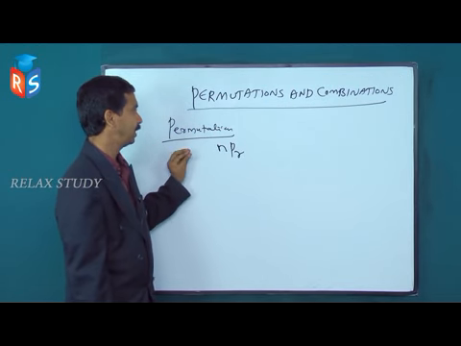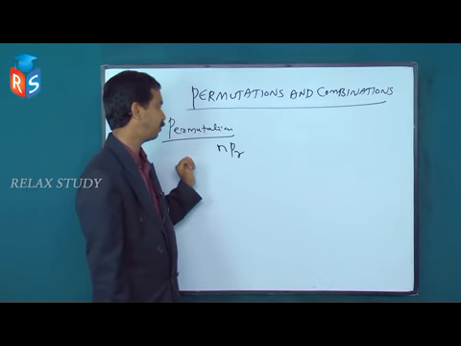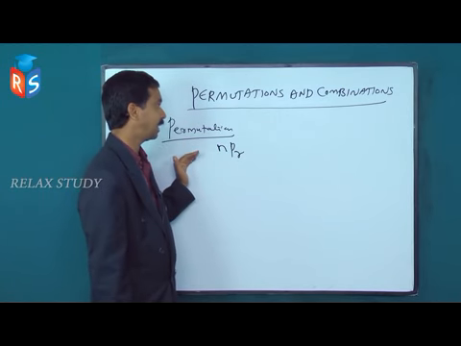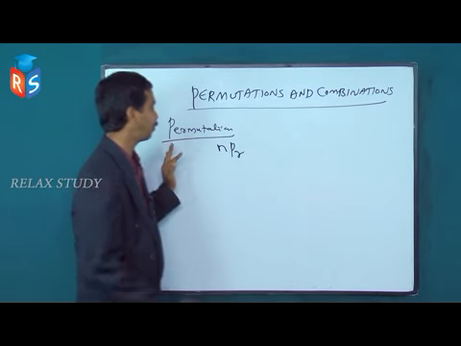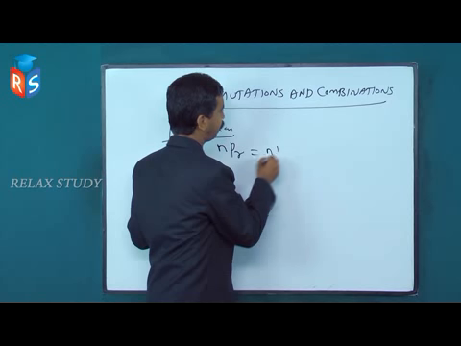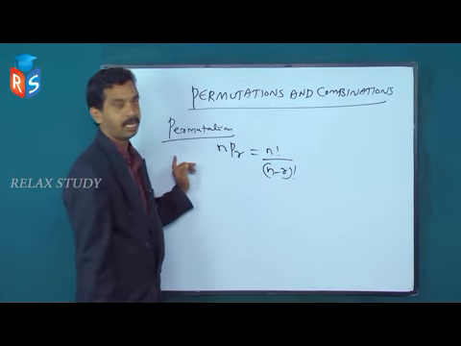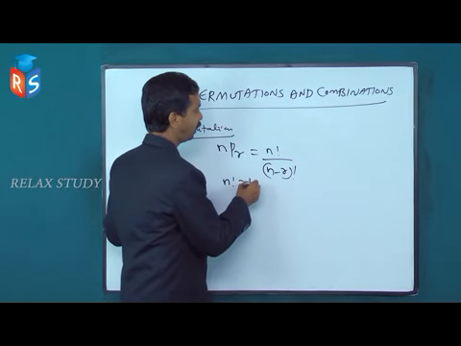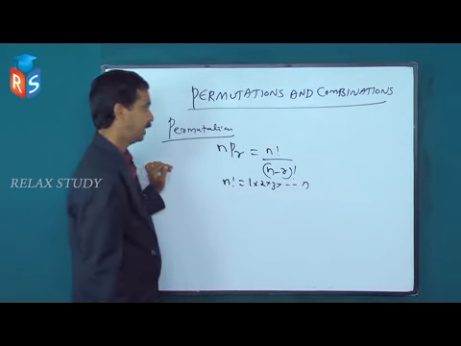n means the maximum number of persons. r is some number of persons. So it is an arrangement of things taking some or all at a time. Its formula is n factorial by n minus r factorial. The term n factorial means 1 into 2 into 3 and so on up to n.